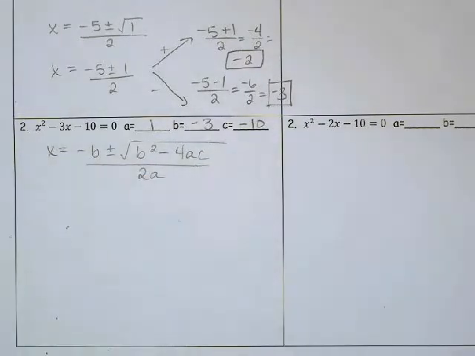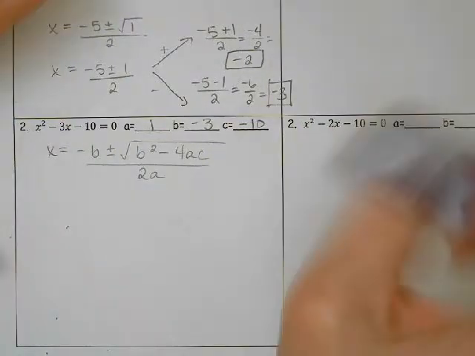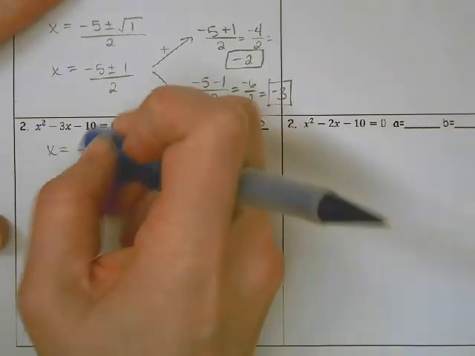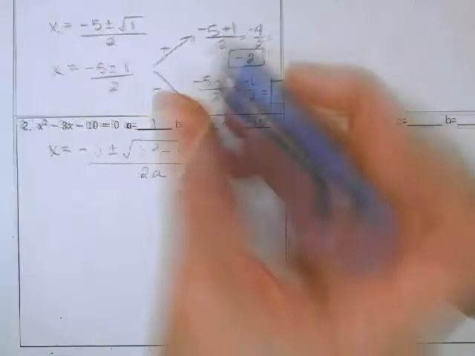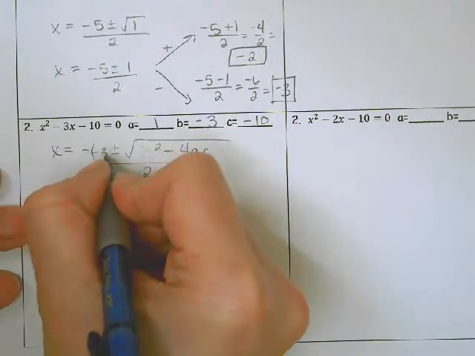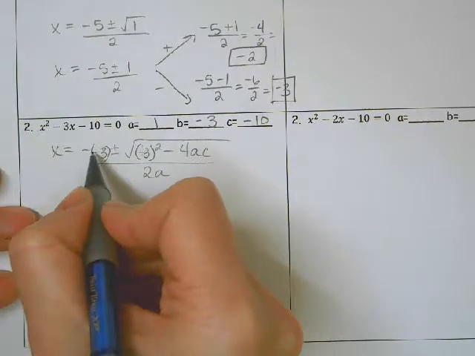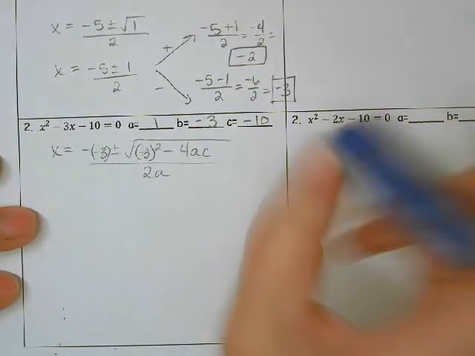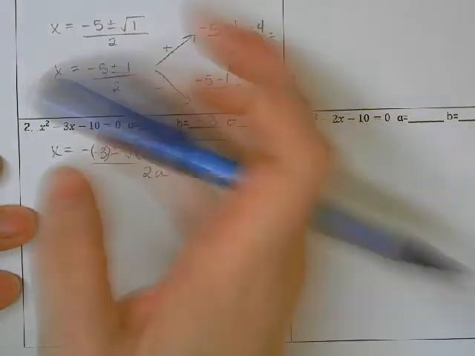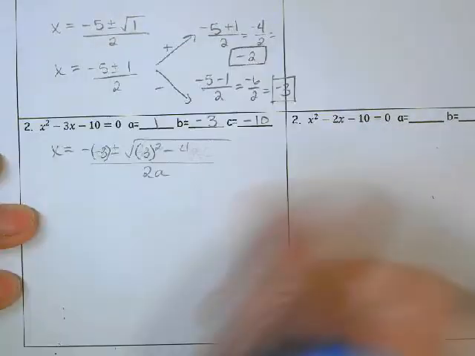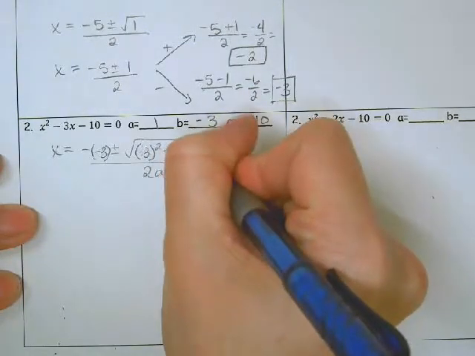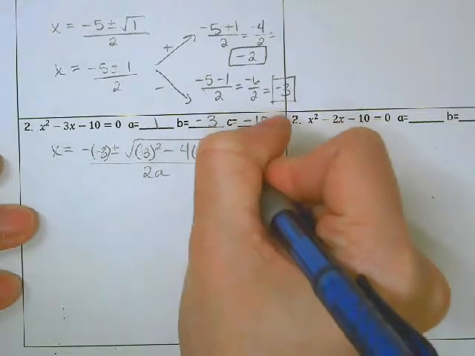The reason I'm writing it out like this is because negatives are a particular issue for people. So when I erase the b's and I put in -3, then I have a double negative here. That's why I want to be really careful with the negatives. A, again, is 1. And then C is -10.